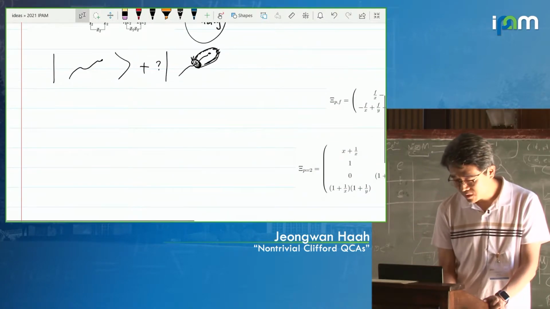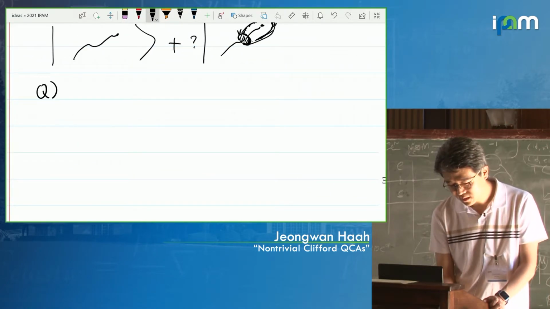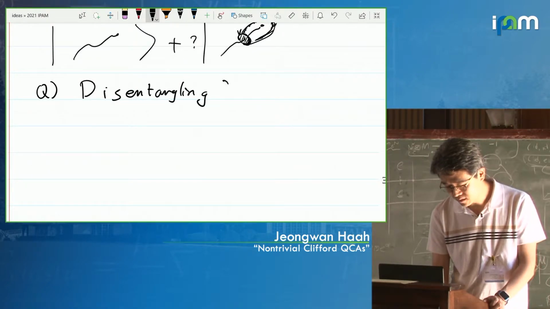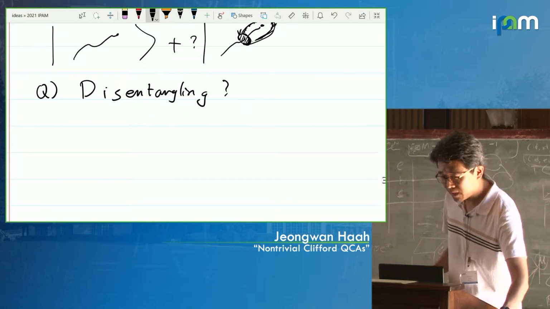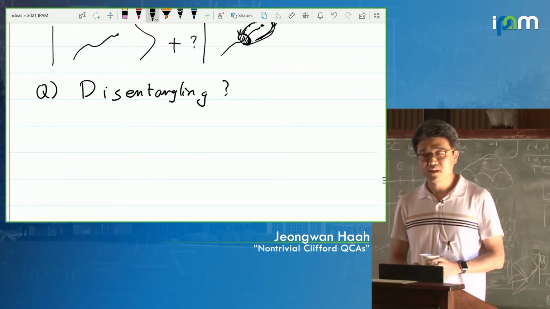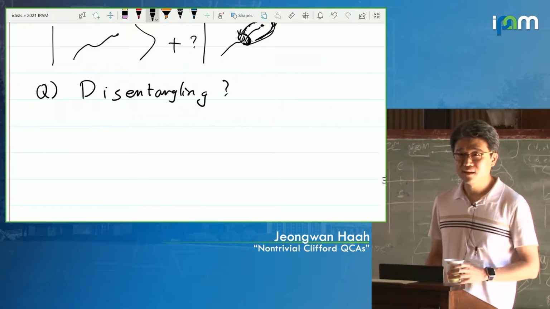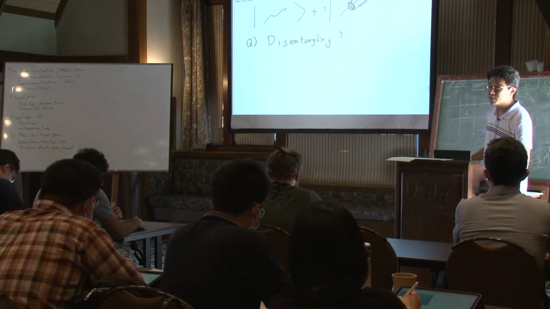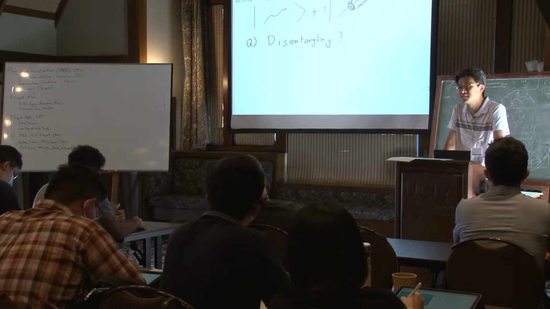Now, the question I want to ask is the disentangling. By other machinery developed by theoretical physicists, there does not exist any interesting state other than the trivial state in 3 dimensions consisting of spins.